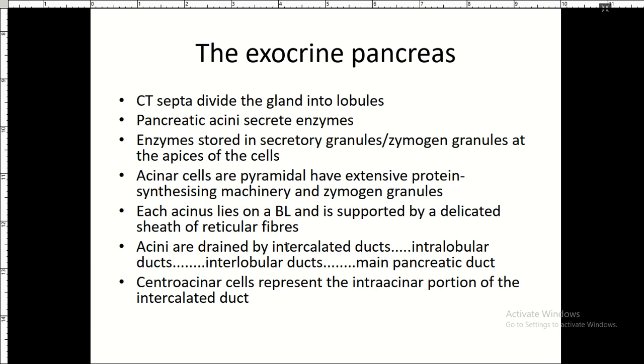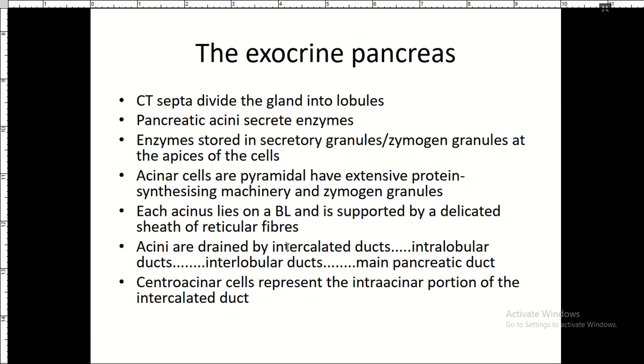So you're gonna actually see at the apex of the pancreatic acinus is gonna be highly eosinophilic due to these enzymes stored in these granules or zymogens. But at the base of the pancreatic acinus is going to be basophilic because of the high amount of rough endoplasmic reticulum. You understand? Good.